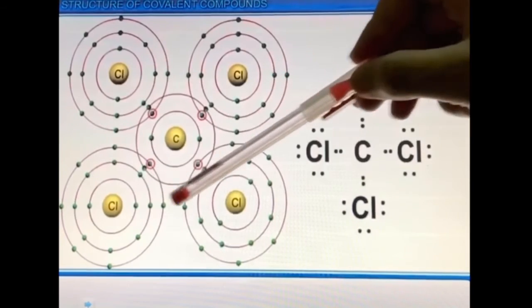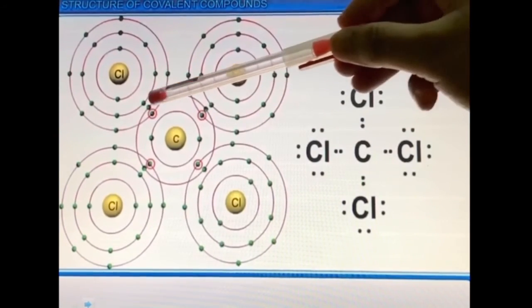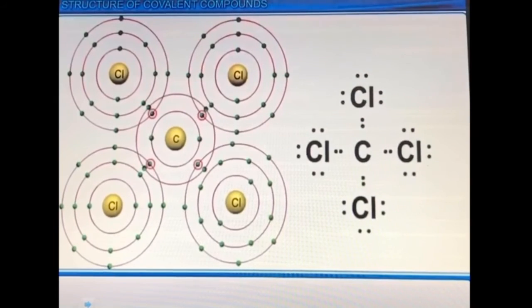Cl has valency 1, meaning it requires one electron to get a stable electronic configuration. Both are non-metals, so they involve mutual sharing to form covalent bonds.